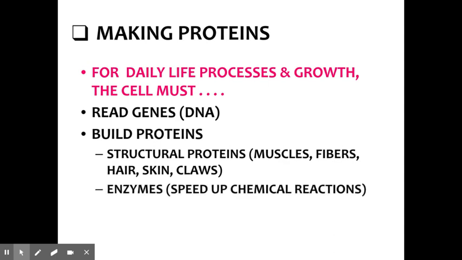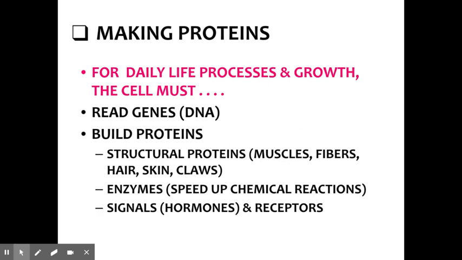Proteins are enzymes, which are molecules that speed up chemical reactions, and we're going to have an entire unit on just enzymes. Proteins can be hormones, and they also can be receptors. Remember, hormone is an umbrella term for any chemical messenger that's produced in one part of the body and then travels through the bloodstream to another part of the body where it then has an effect.